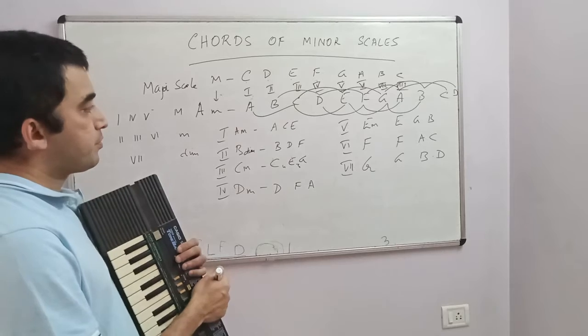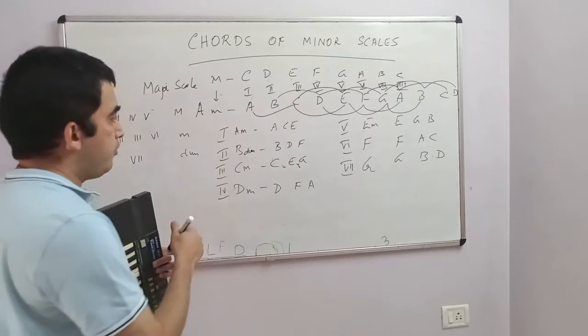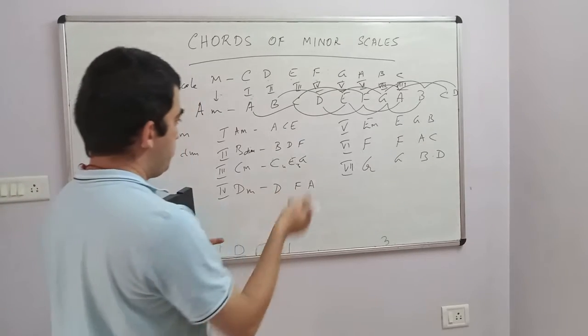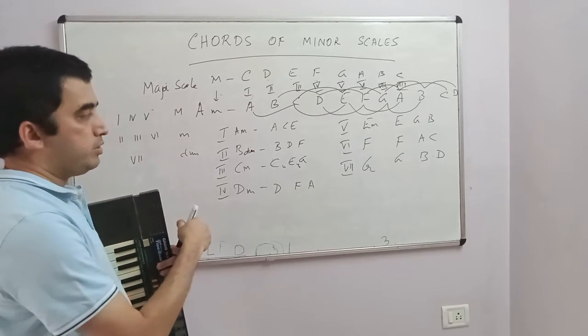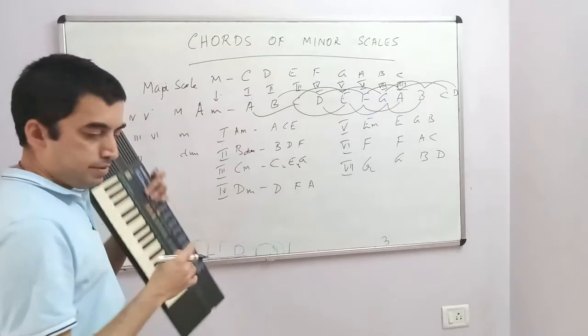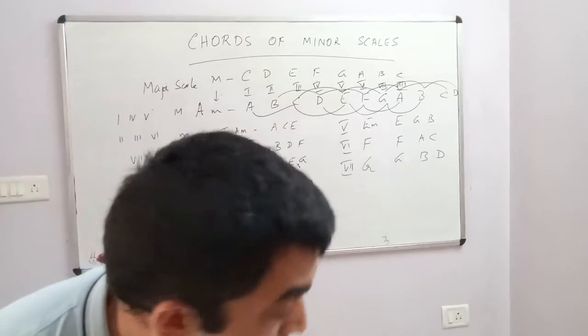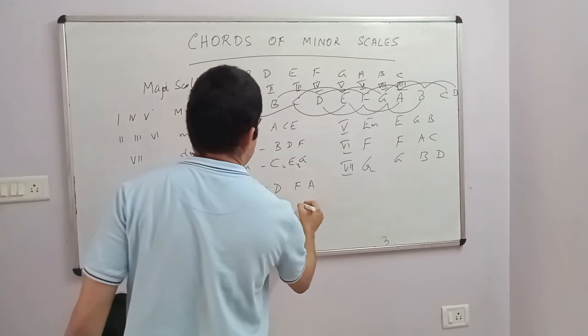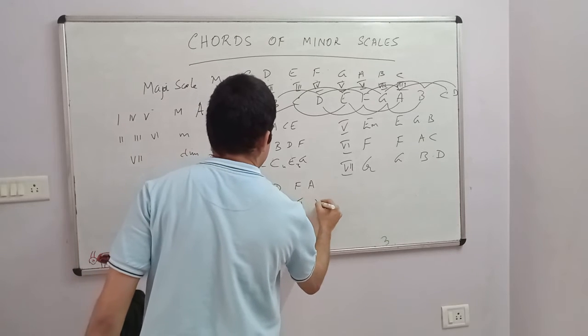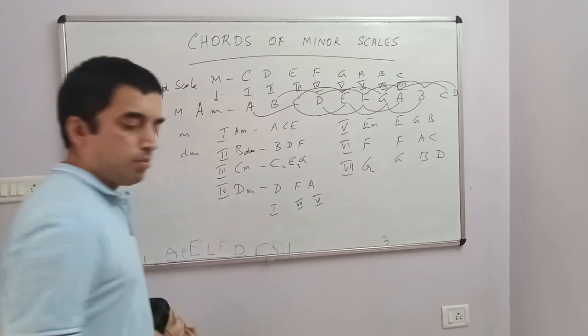Now if we simplify it, the most common chords used in a minor scale are usually 1, 7, and 6. This is the normal progression.